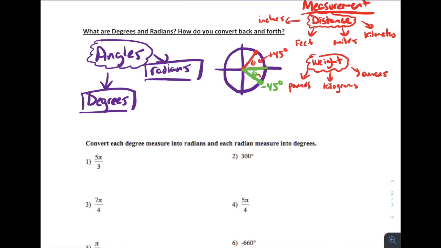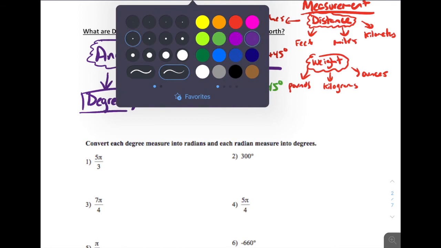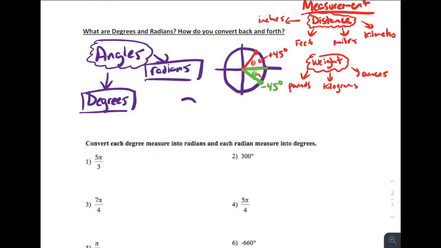That's useful. Now, in addition, thinking back to some facts that we know from geometry, we know that a circle, if you go all the way around it, a whole circle is 360 degrees, right? If we have this line that's right here and we measure this angle that's going all the way around, that would be 360 degrees.